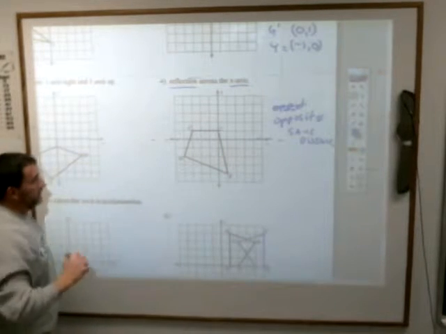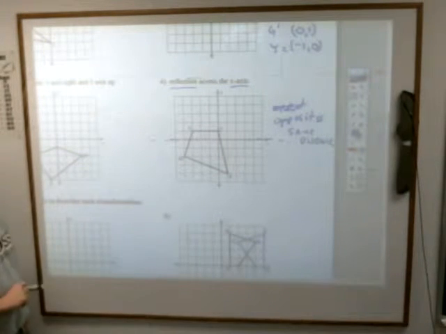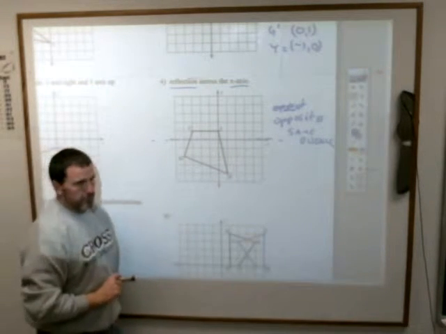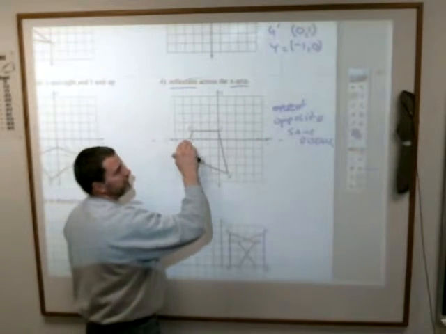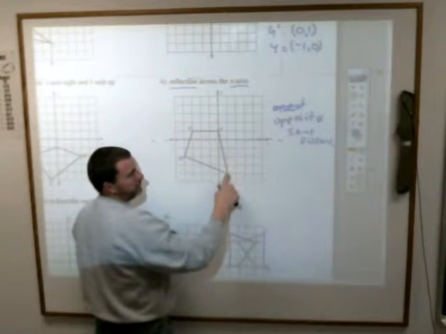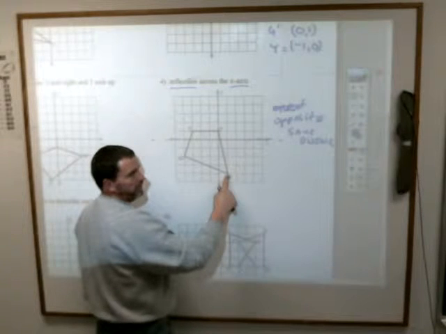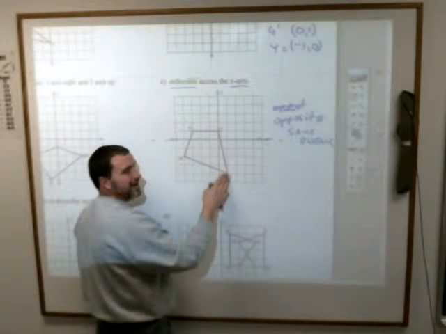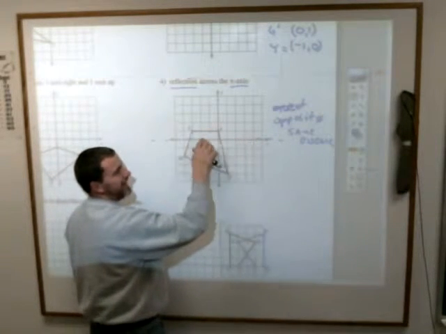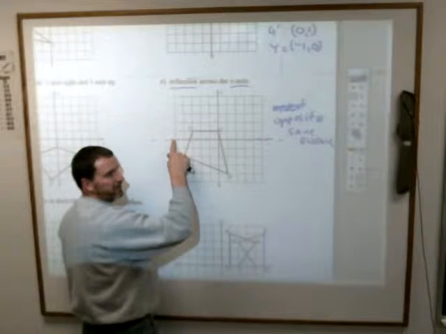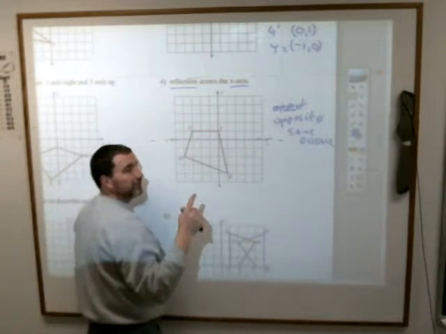In other words, let's do point K first. Here is your line of reflection. If you look at point K, it is going to end up on the opposite side of the axis that it's being reflected on, the same distance away from that axis.